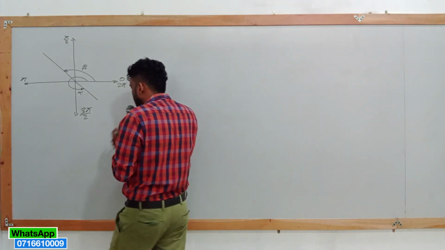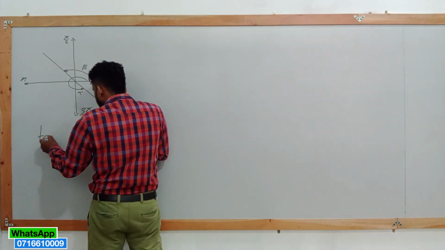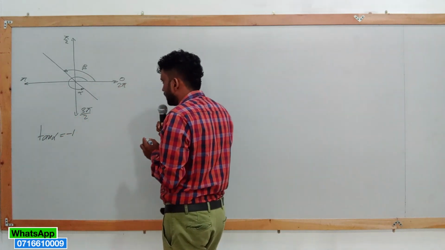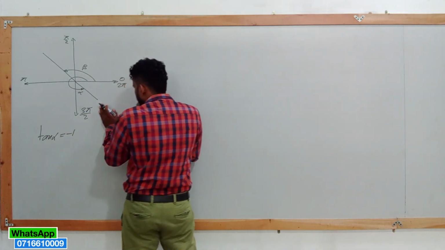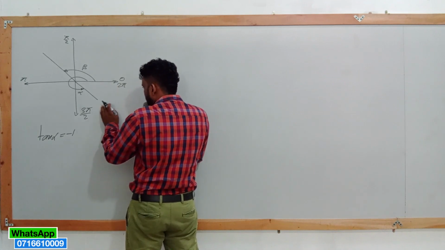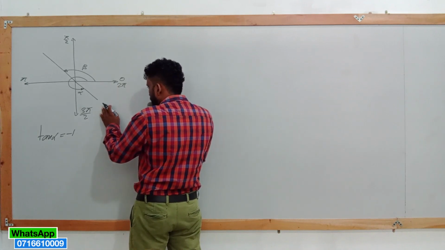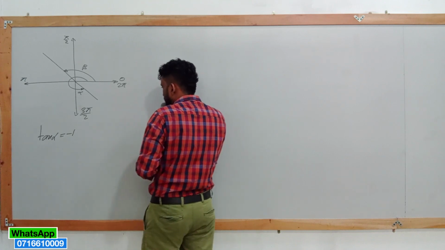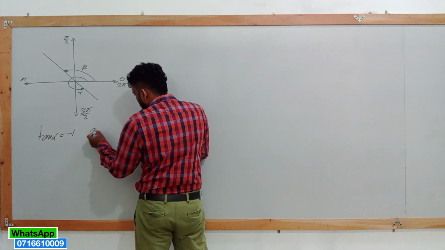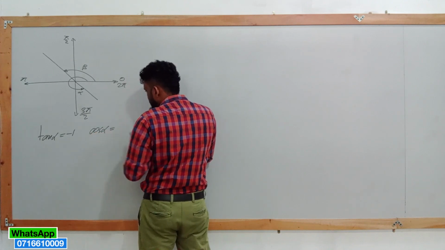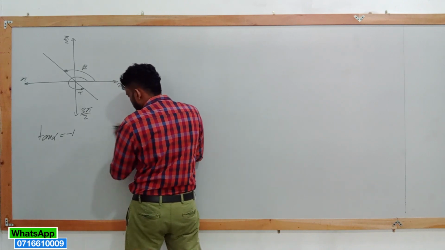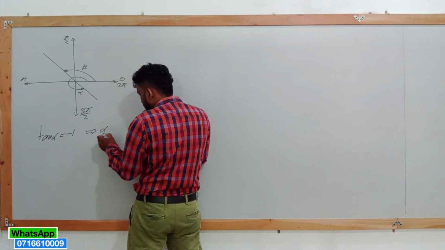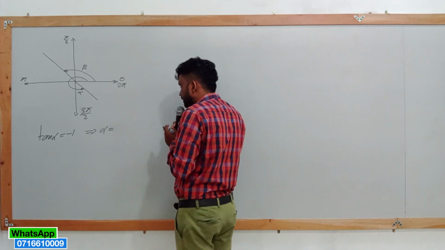Now, tan alpha equals minus 1, right? Here tan is minus. What about cos? Fourth quadrant cos. Therefore alpha equals, what is that?